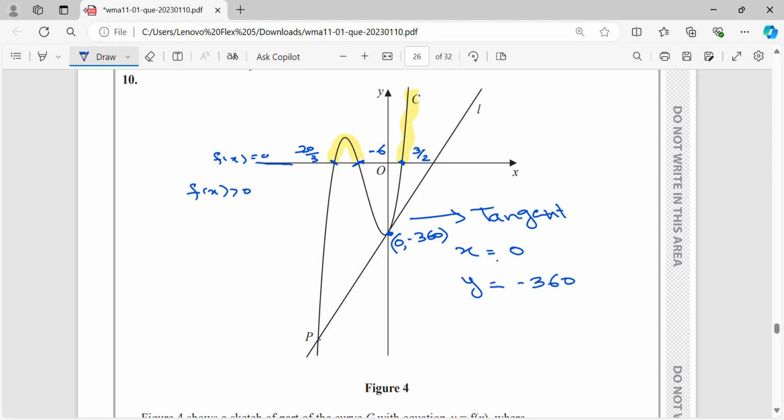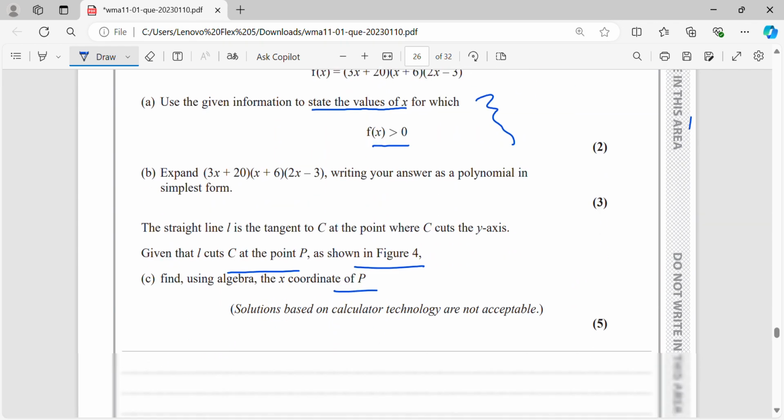Now, because this is a tangent, I can form an equation of a straight line, L. I have a coordinate here, and I can find the gradient, right?